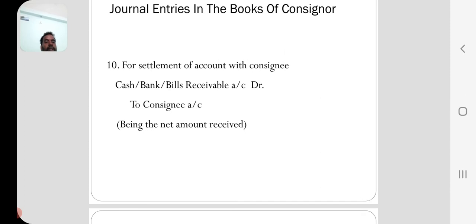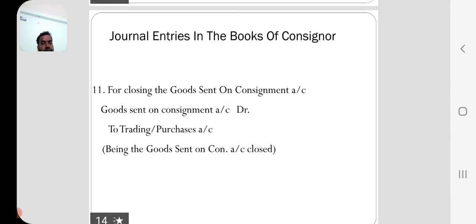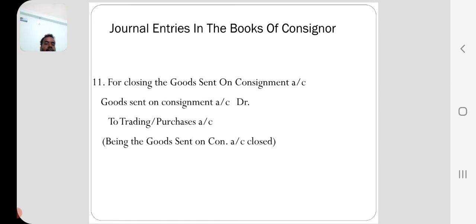For settlement of account with the consignee: Cash account, bills account, bank account debit to consignee account, being the net amount received. For closing the goods sent on consignment account: Goods sent on consignment account debit to trading account or purchase account, being the goods sent on consignment closed.